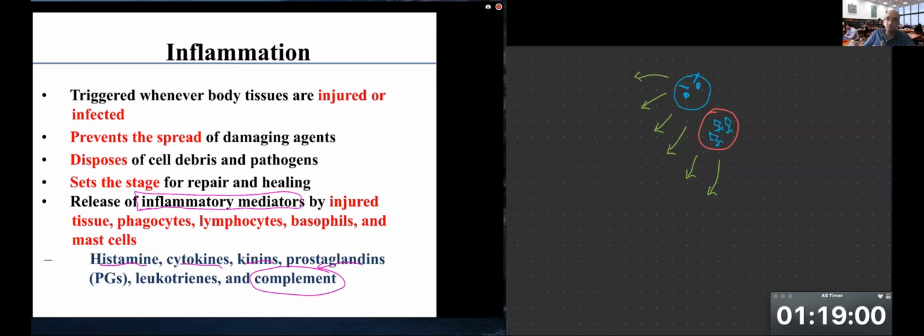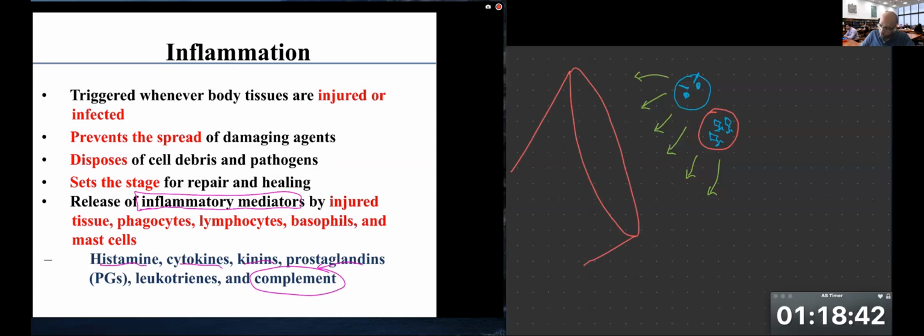This will tell the body that there is something going wrong. So how your body responds to this attack, it's going to be trying to recruit as many immune cells as it can.